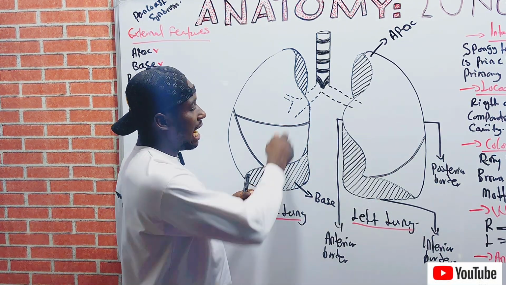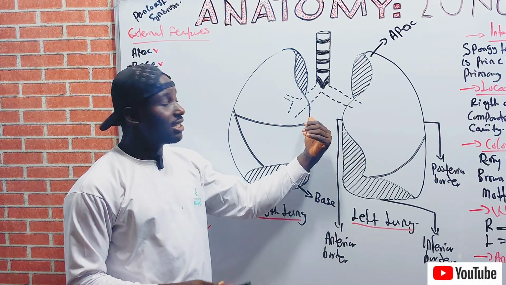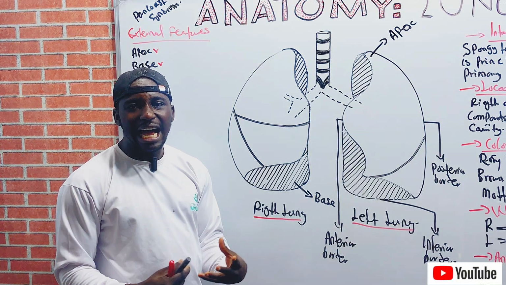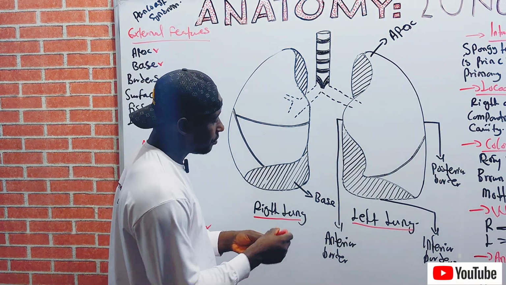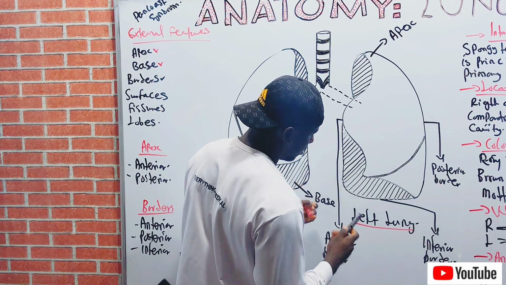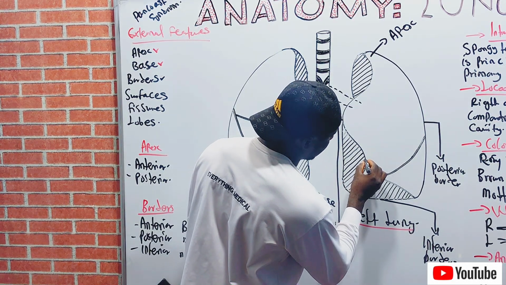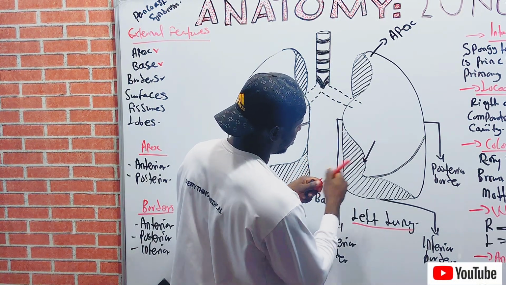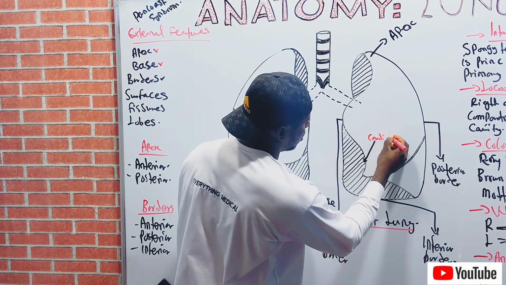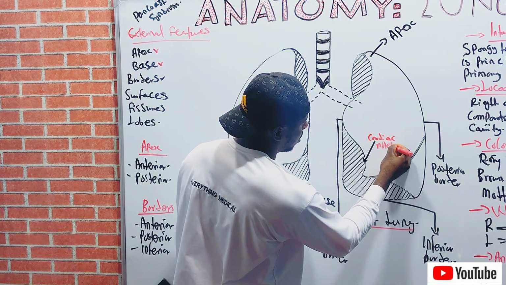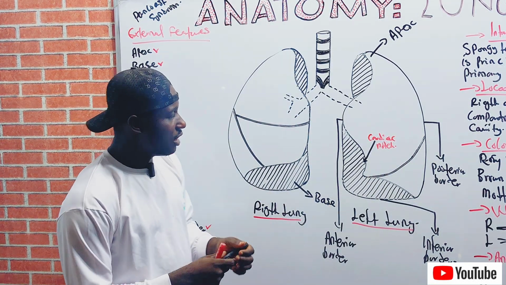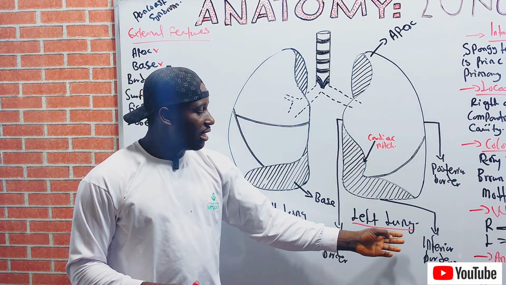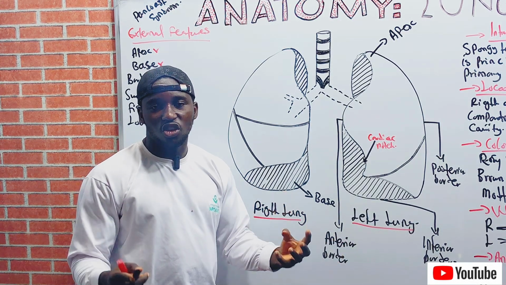It is only the anterior border of the right lung that is vertical, while the anterior border of the left lung presents a wide notch known as the cardiac notch. This is the cardiac notch.